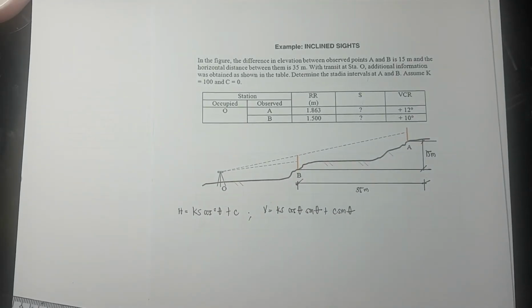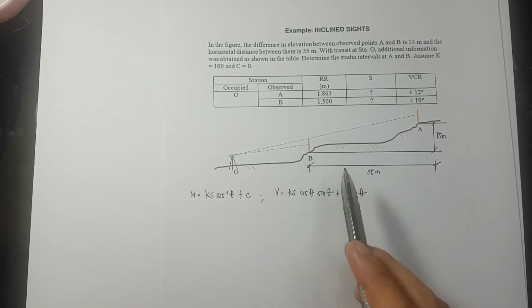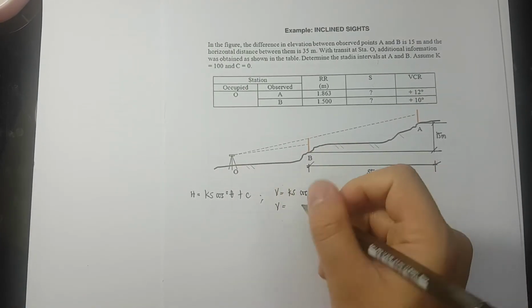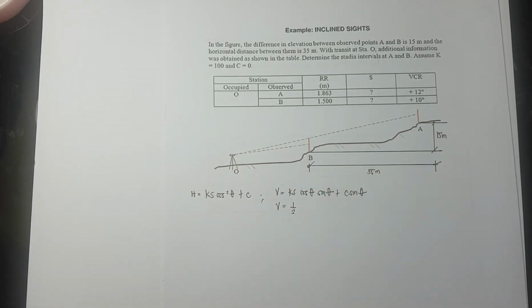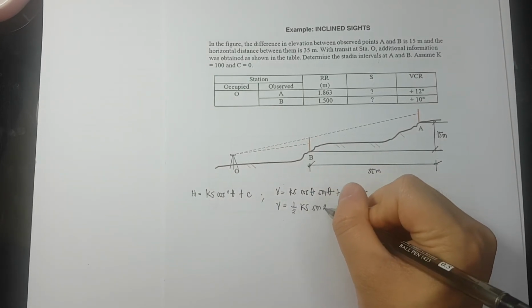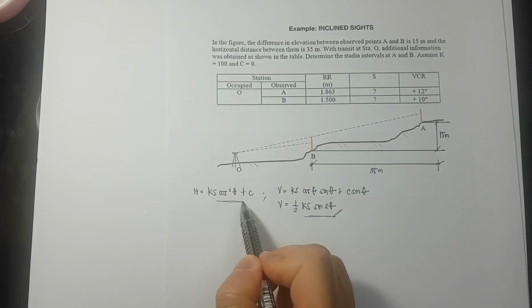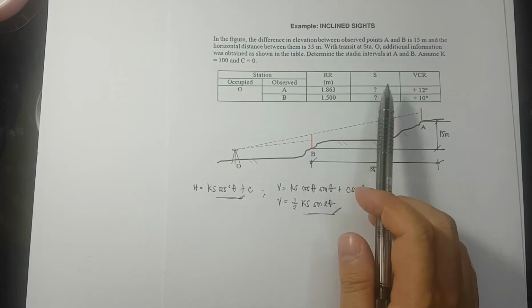Okay? But if we are to use the trigonometric identities, we can simplify this V. V can be equal to 1/2 Ks sine 2 theta. So, this will be our working equation in order to solve for the unknown.